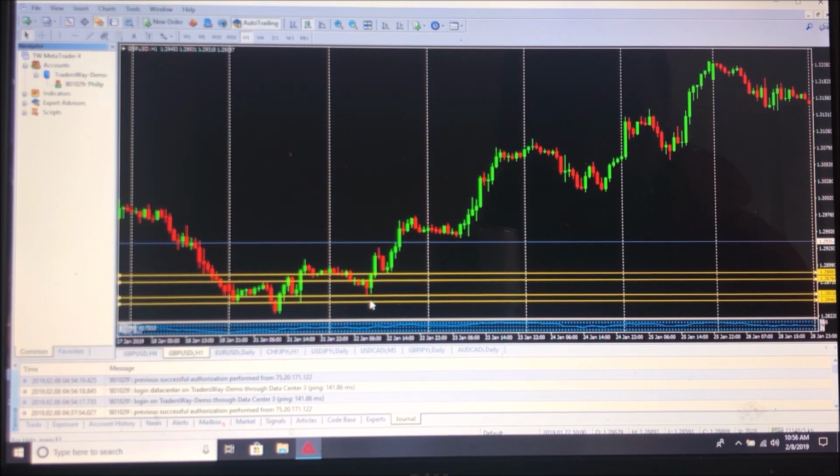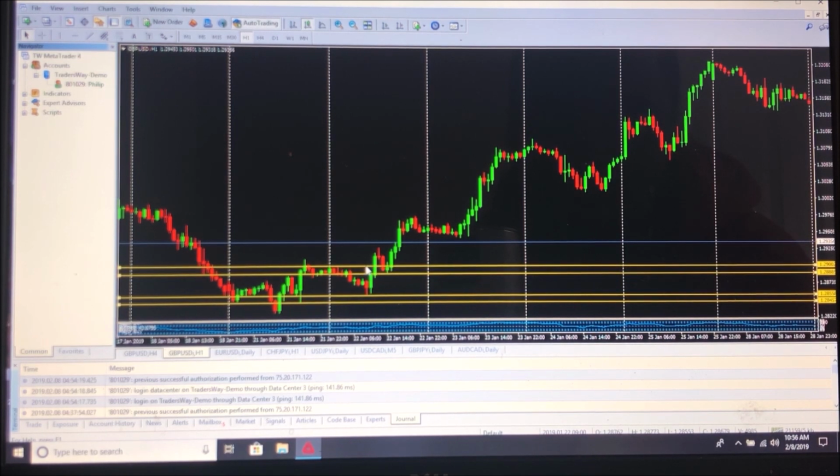So it would have been right about there. Okay. So that would have been your entry point, 10 pips away from the end of the wicks of the 2 a.m. candle. And then your take profit is 10 pips away from the entry point. And they pretty much hit almost every time. All right. So that would have been the take profit there.